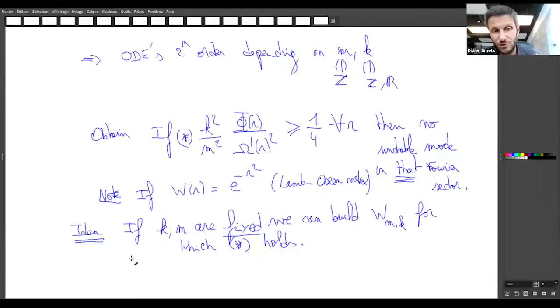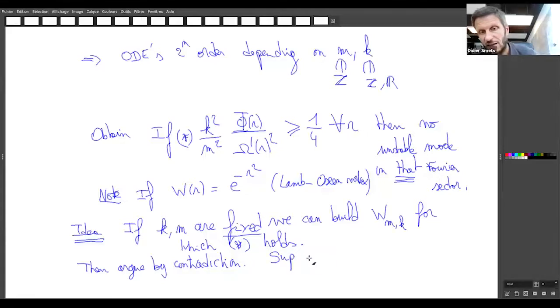And then you argue by contradiction and do a homotopy. So we suppose that our original capital omega has an unstable mode.